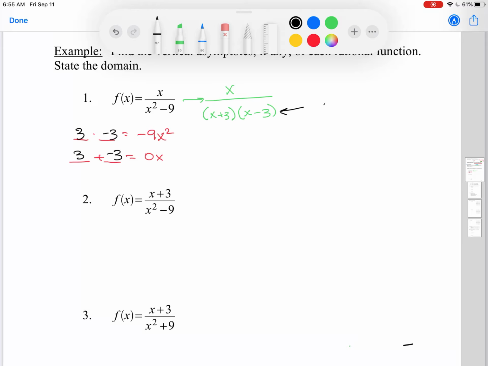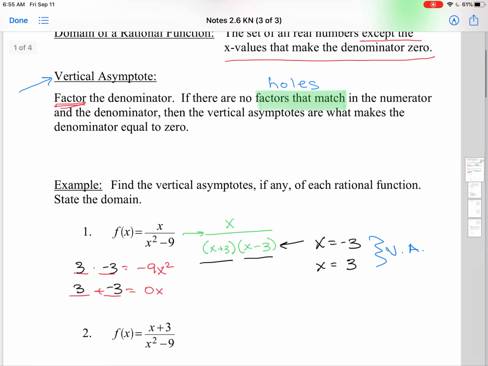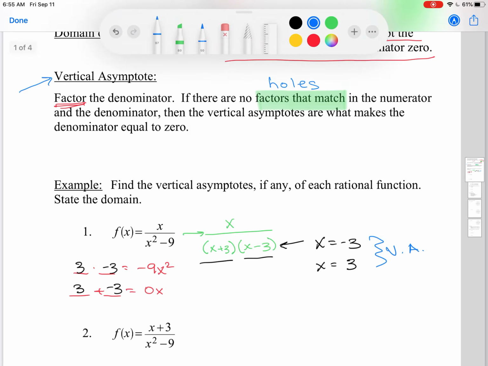All right, so now that I look here, I know that at x equaling negative 3 for my first set of parentheses, and at x equaling 3 for my second set of parentheses, those will be my vertical asymptotes. Because it's in the denominator, it follows the rule that I just read, and no factors match in the numerator and the denominator.